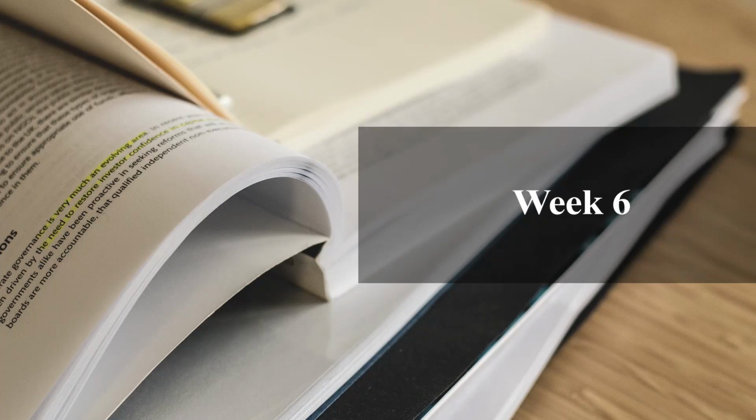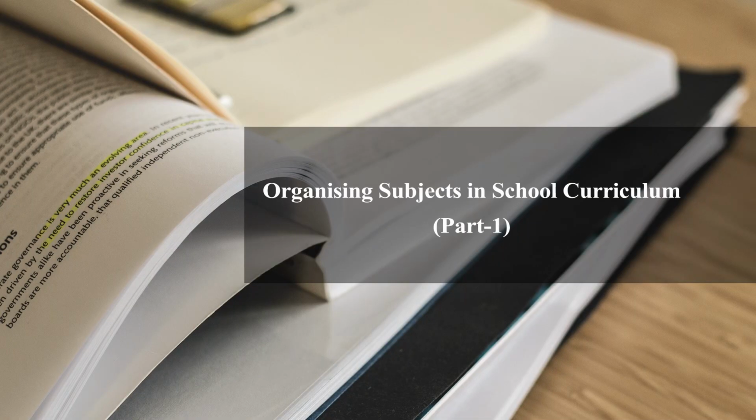So, friends, just to give you information, we are presently in the 6th week of this online course, Understanding Disciplines and Subjects, and we are also in the 6th module. The title of the 6th module is Organizing Subjects in School Curriculum Part 1. Your 7th module will be part 2.